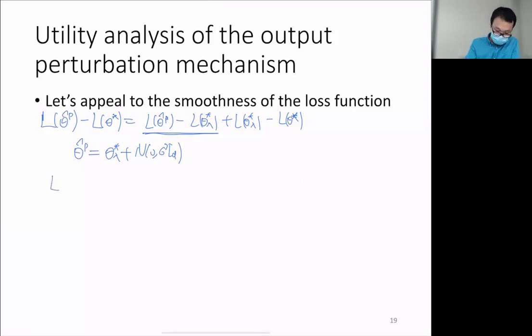So L of theta hat P. Let's also add this lambda here, just for convenience, and then Taylor expand this function around its optimal solution.